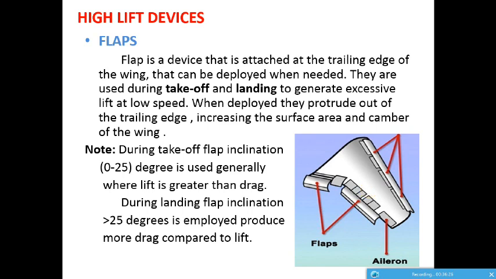When deployed, the flaps come out of the wing and increase the surface area of the wing. The slat also performs in the same way, but in some simple aircraft such as Cessna or Zenith, the flaps are usually in a horizontal position at the trailing edge. When deployed, the flaps change their angle. They rotate down and increase the camber of the wing.